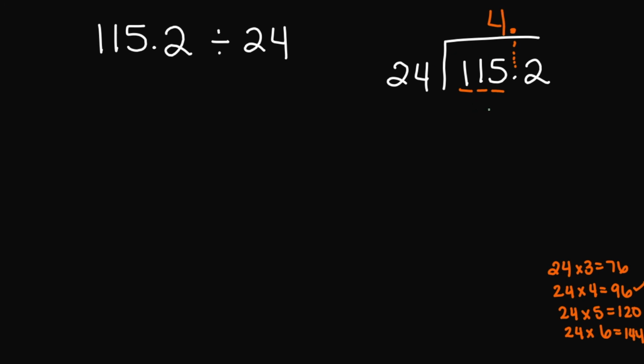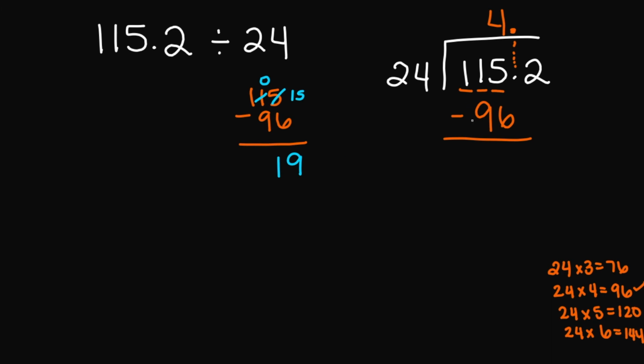24 times 4, we said was 96. So now we're going to subtract 115 minus 96. 5 minus 6 is going to give us a negative number. So I'm going to borrow from this 1. This is going to become a 0. This 5 here is going to become a 15. 15 minus 6 is going to give us 9. And then here we have 10 minus 9. This is going to give us a 1.